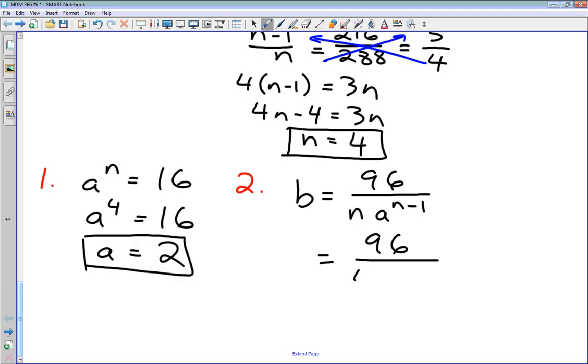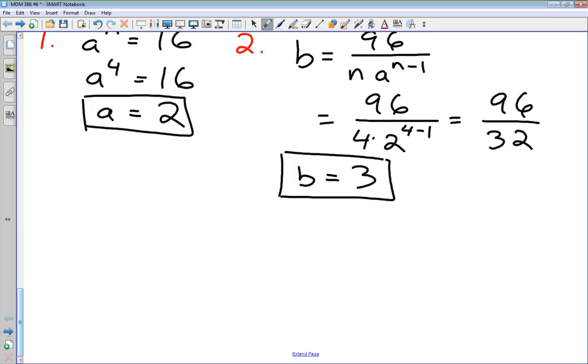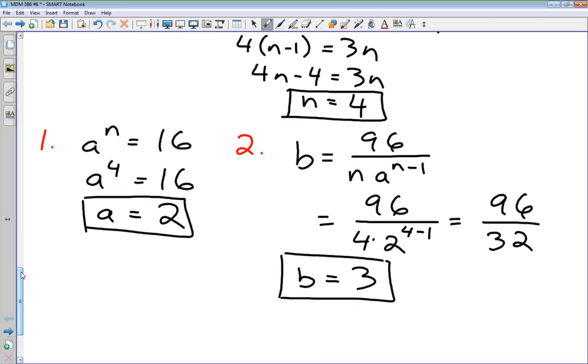If n is 4, a is 2, we end up with b equals 96 divided by 4 times 2 to the 4 minus 1, or 96 divided by, let's see, 4 minus 1 is 3, 2 to the 3 is 8, 4 times 8 is 32. So 96 divided by 32 tells us that b is equal to 3. And there we have it. The values of n, a, and b.